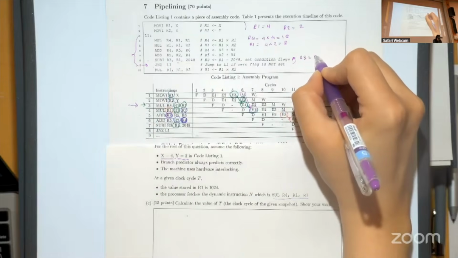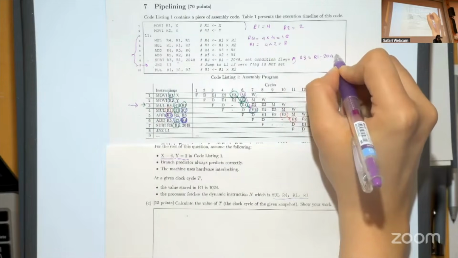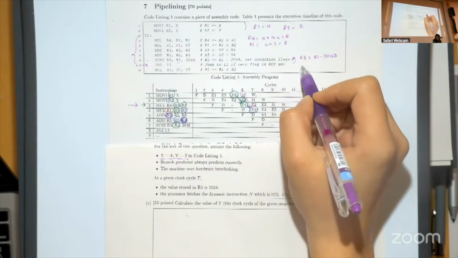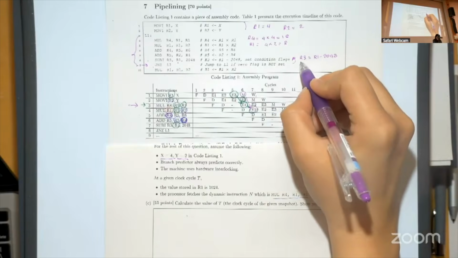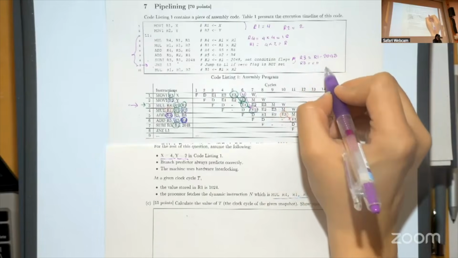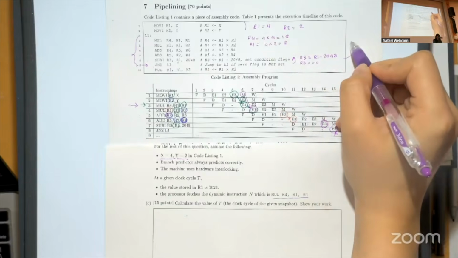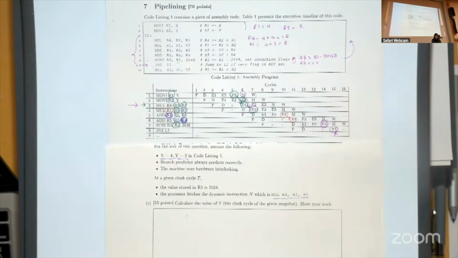And what it does is, it does this calculation and next it checks if R3 is 0. And then either continues or jumps to the start of the loop. So here you can think of this as like a condition. It checks if R1 reached 2048, right?